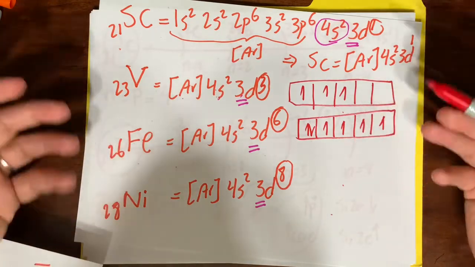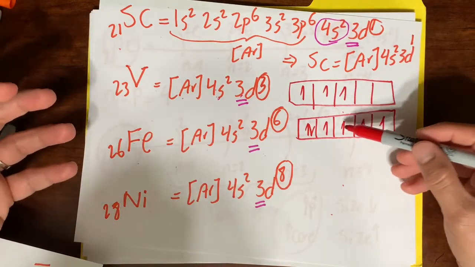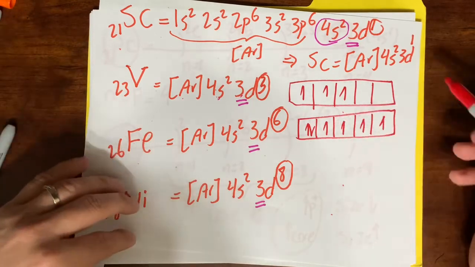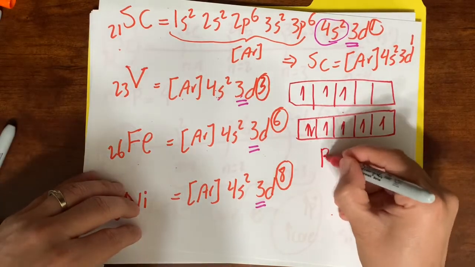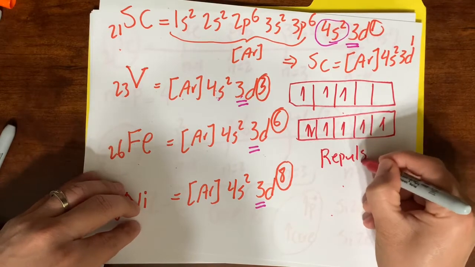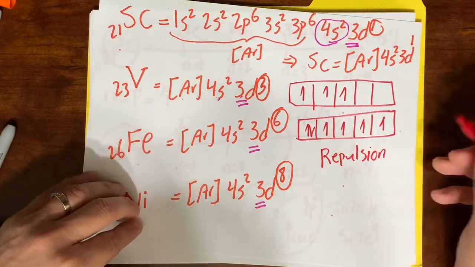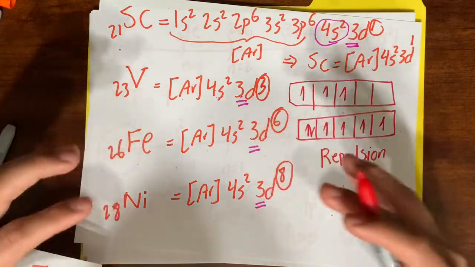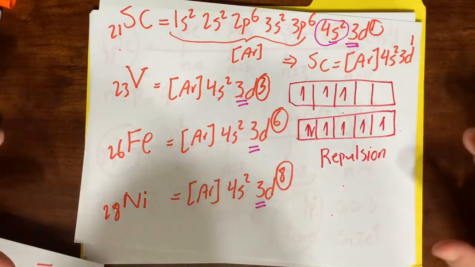We built a good number of electrons inside the d orbital. Now they will have repulsion between them. And if you have more repulsion, the size is going to slowly get bigger.